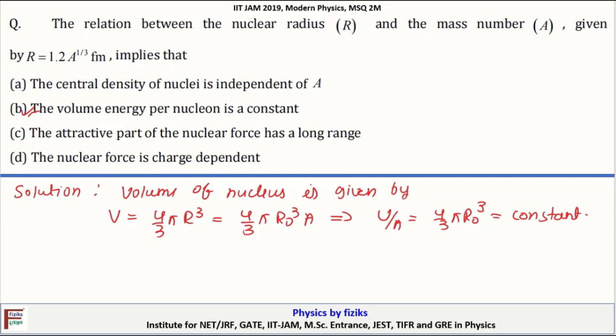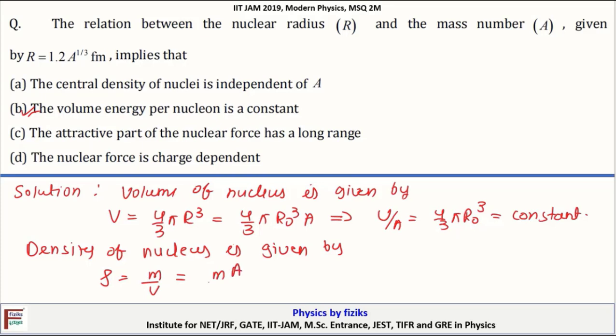Now the density of the nucleus is given by rho equals m by V, which is written as m times A over 4 by 3 pi r naught cube times A, where m represents the average mass of a nucleon.